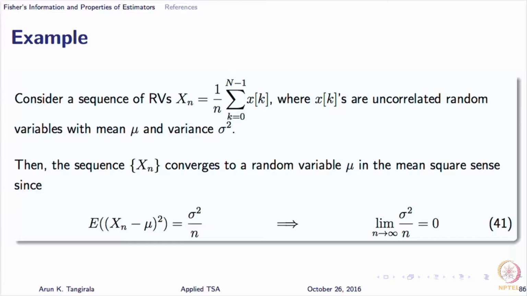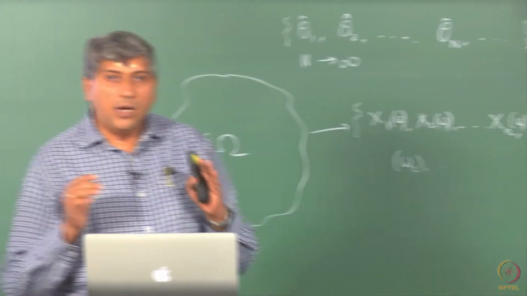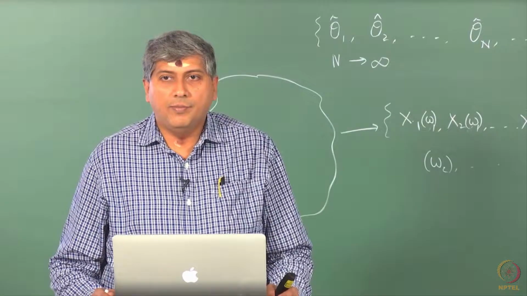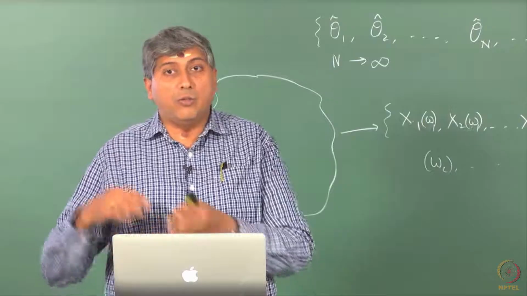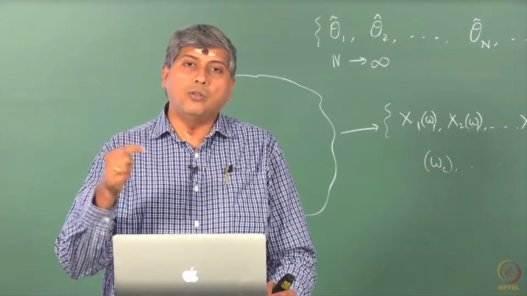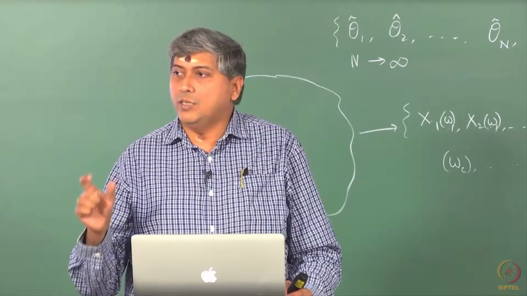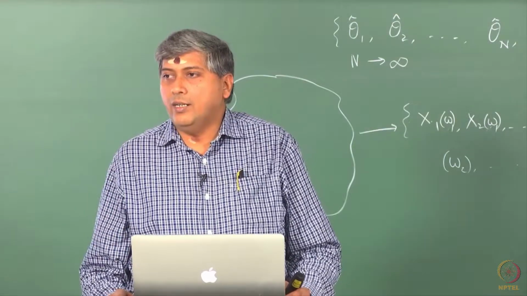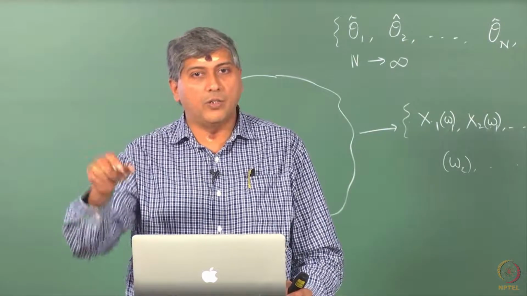Here we have talked about convergence to random variables, but as I mentioned yesterday, a constant is also a random variable, and the reason for talking about this convergence of random sequences to random variables is to also help you understand the other part where convergence is required, which is where we are looking at linear random processes, where we required that the summation should converge to a random variable.